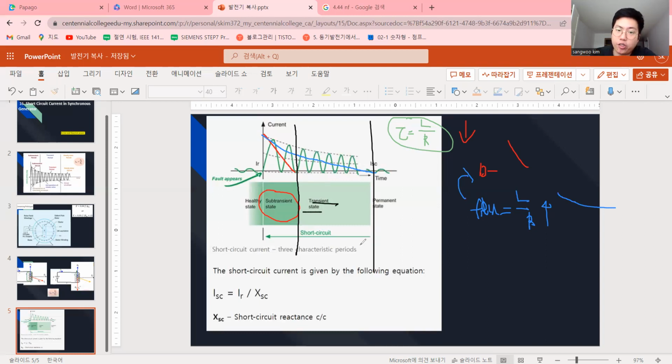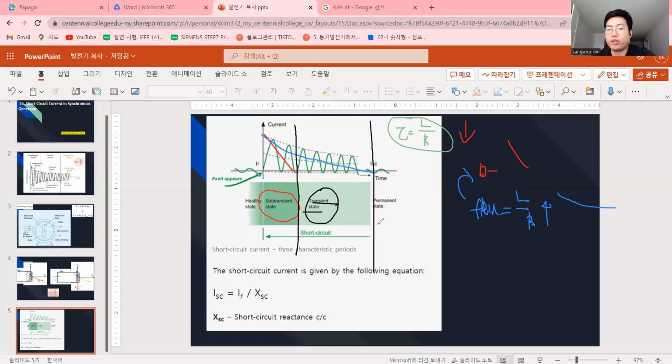But in the transient state, the damper tau has already disappeared, right? But the field winding and armature are still left. So that's why we say transient state. It's effective because of the field windings.